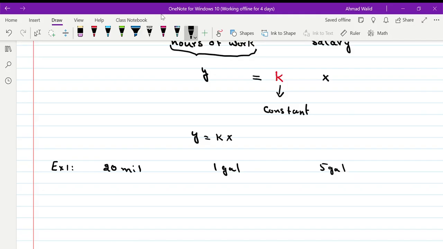If with 1 gallon of gas you can travel 20 miles, with 5 gallons of gas, how many miles can you travel? Of course, this is very simple. I use simple numbers, but they can use even decimal numbers or different numbers. How to deal with these problems?